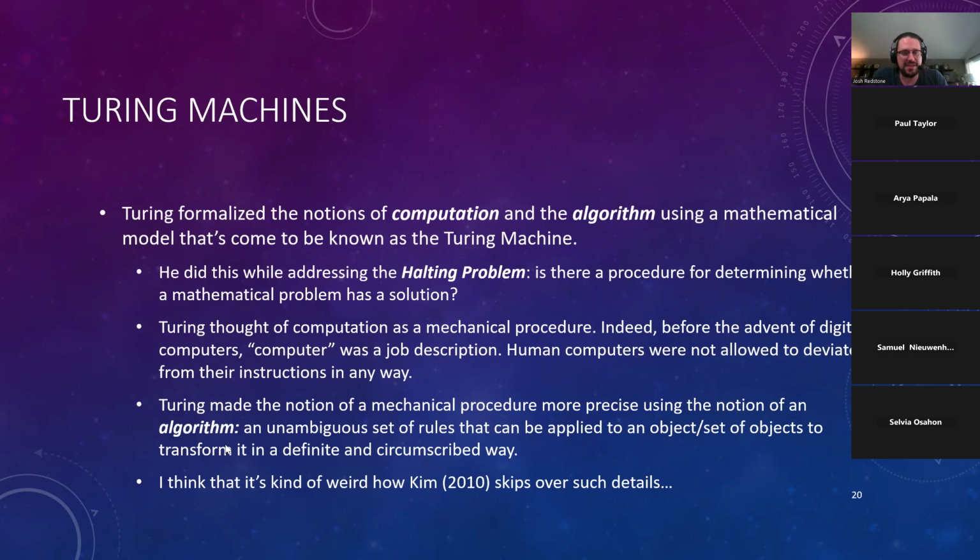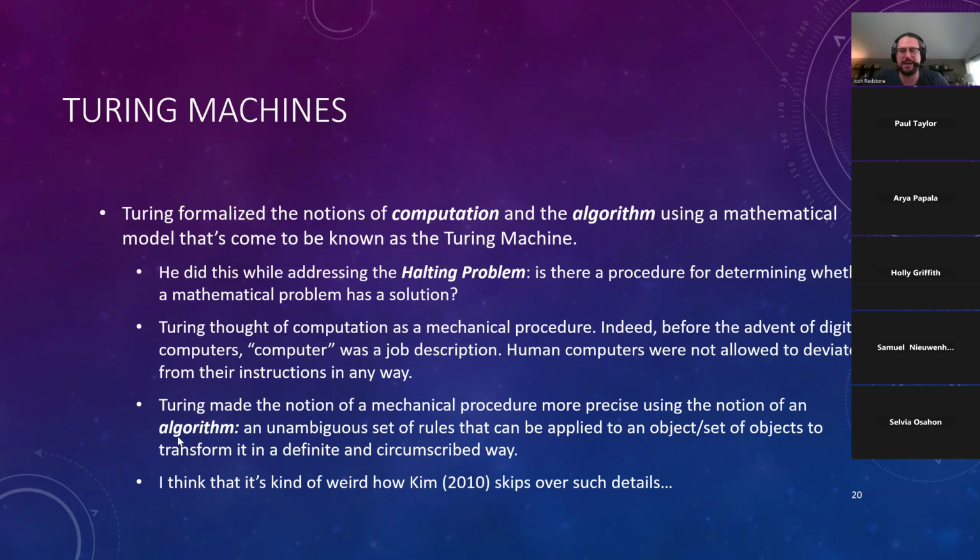So the idea of the algorithm, by the way, is very old, right? It goes back to, I think, an old Islamic thinker named Al-Khwarizmi, who during the Islamic Golden Age was like, why do we have to have a different way of solving each different problem? We should have one procedure that works for a set of problems that are similar enough.